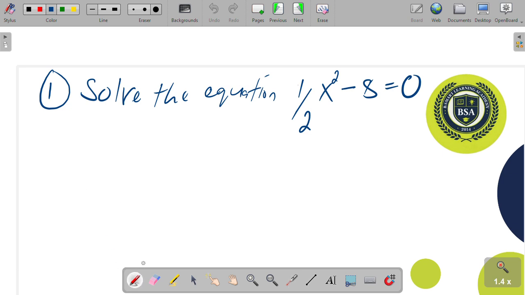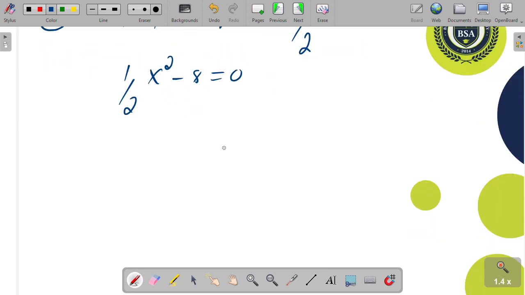The first thing is we're going to move the constant 8 to the other side. So we're going to have something like this. Let me just write the question here: (1/2)x² − 8 = 0.